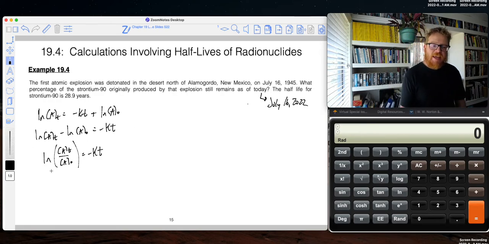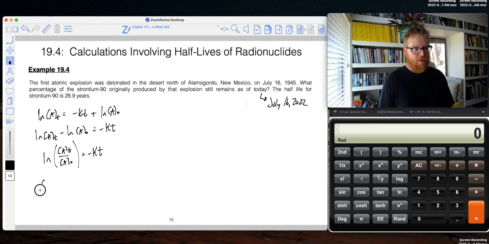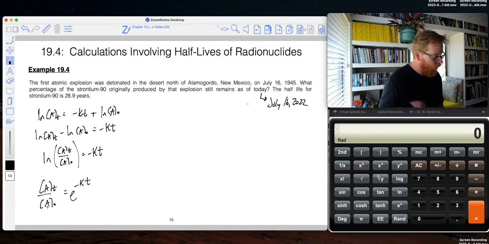And now I'm going to take e of both sides of this, and that now gives me the ratio of A at time t relative to A initial, which just equals e to the negative kt. And because the problem asks me what percentage of this remains, I'm already set up to calculate that, right? This ratio here will give me my percentage that remains.